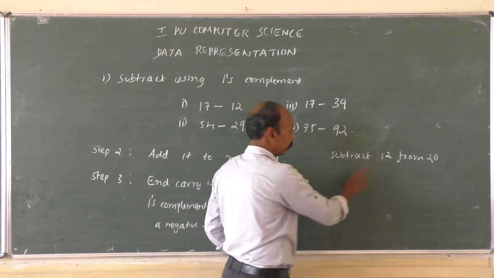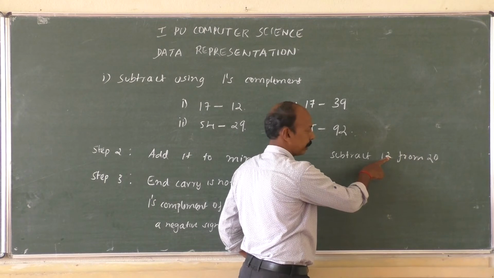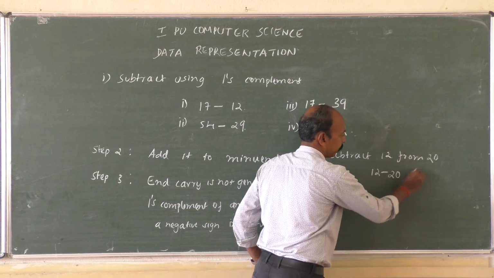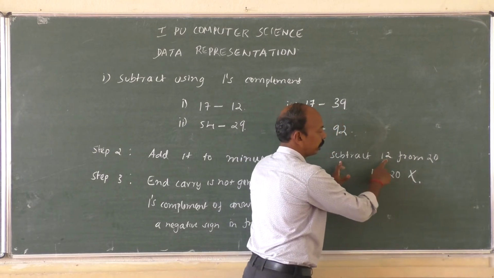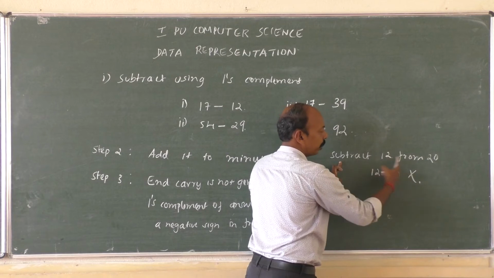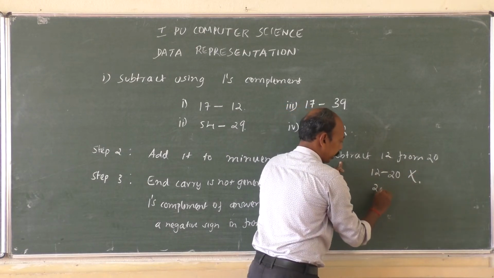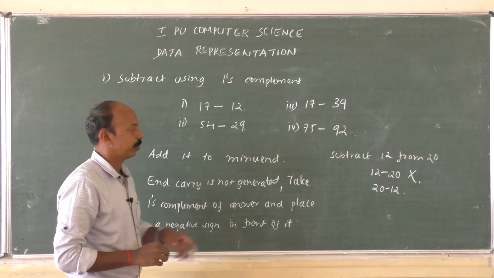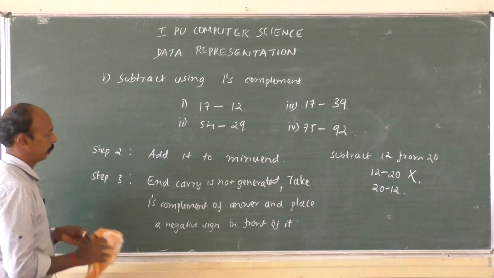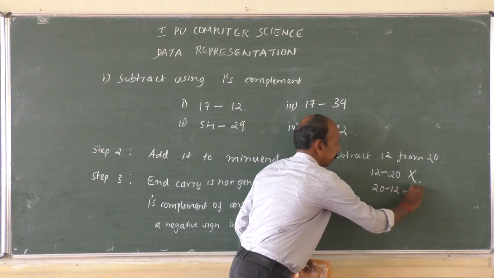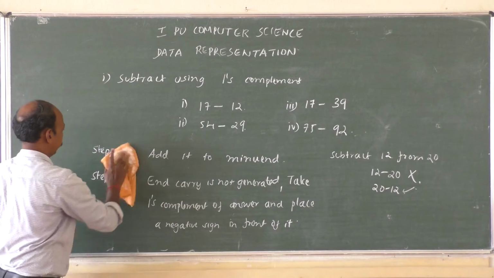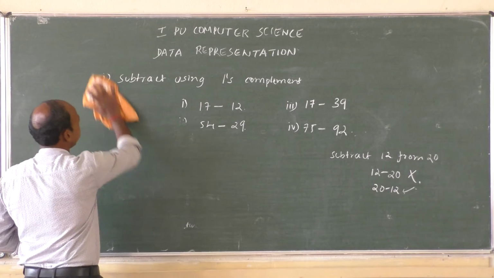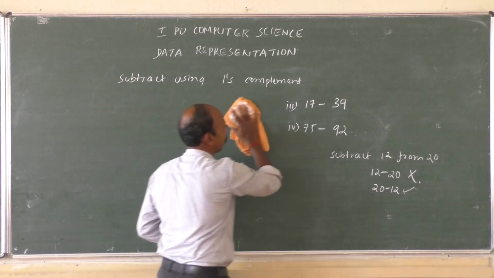We will go wrong because 12 is coming in the beginning here, so sometimes we may write it like this, which will be wrong. Subtract 12 from 20 means 20 minus 12. We have to be careful. This is the right way of writing it. So practice it. Practice makes a man perfect.